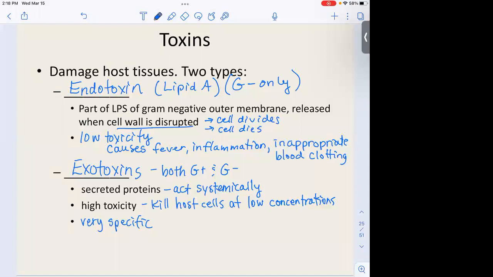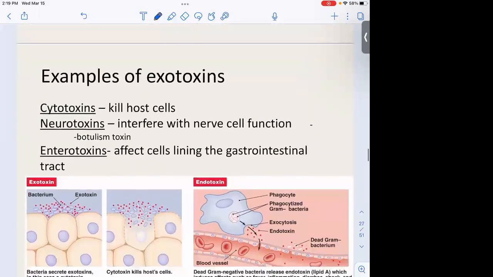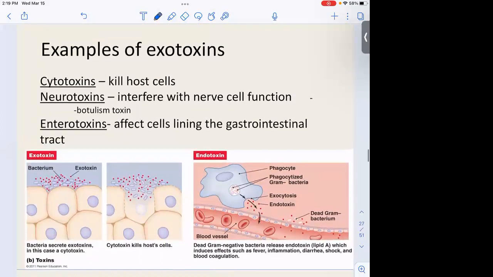All right, so if we look at some examples of exotoxins, something that's labeled a cytotoxin, that's a general name for a toxin that just kills host cells. A neurotoxin is an exotoxin that acts specifically on nerve cells. So botulism toxin is an example of that.